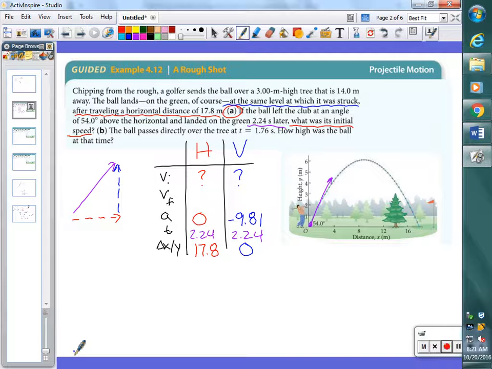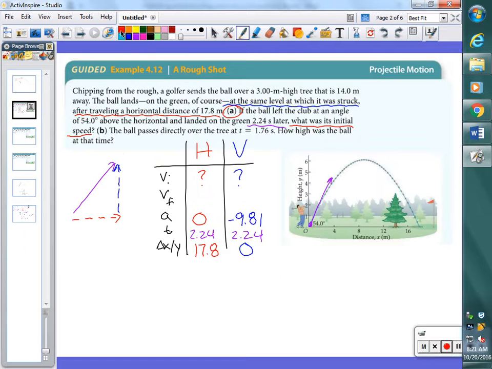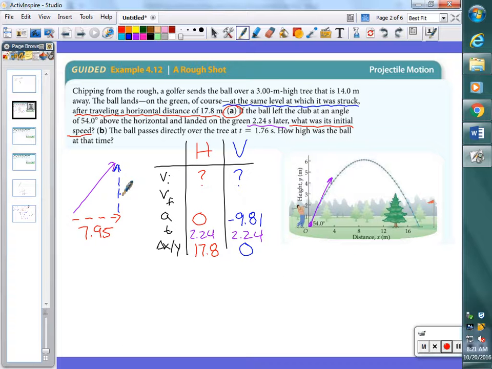That good? And we know that the horizontal velocity is 7.95, and we know the vertical velocity is 10.99. And now we've got two sides of a right triangle, and we can use Pythagorean theorem to find the third side.